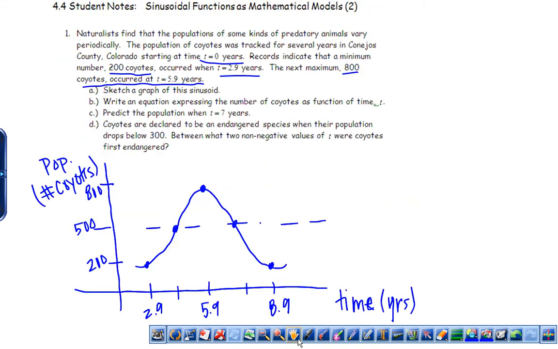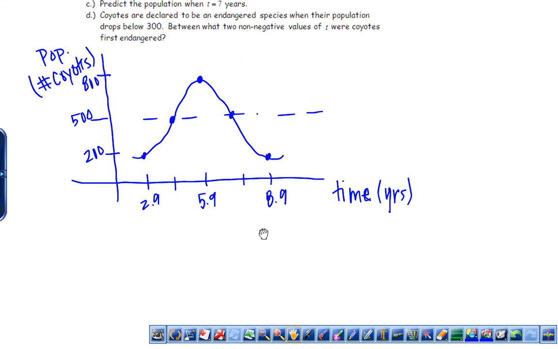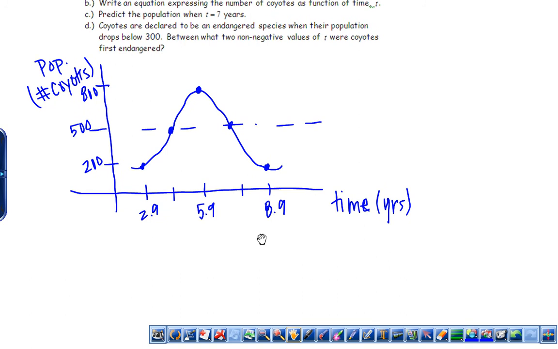B says to write an equation. So let's see. The population would be equal to a shift up of 500. And I'm going to go ahead and do a positive cosine graph, so that would be plus 300 cosine.